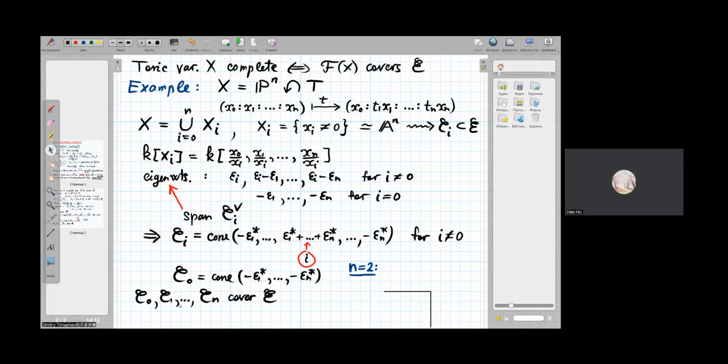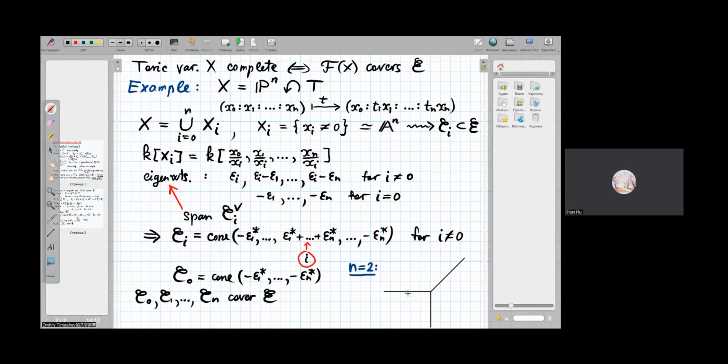The cone C1 is obtained by replacing minus epsilon 1 star with this sum, epsilon 1 star and epsilon 2 star. So we have yet another ray, this one. This ray and this ray will span the cone C1.